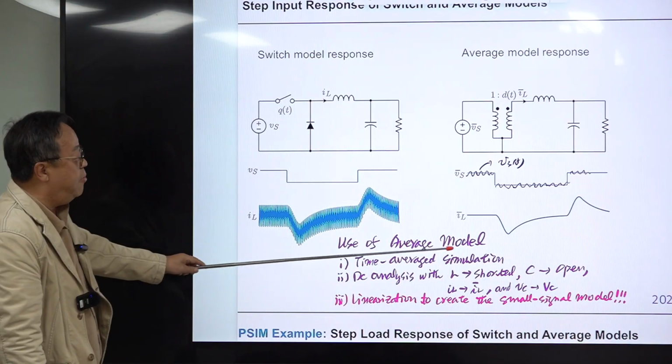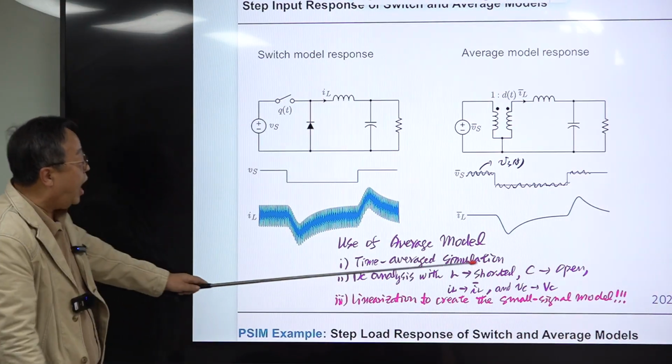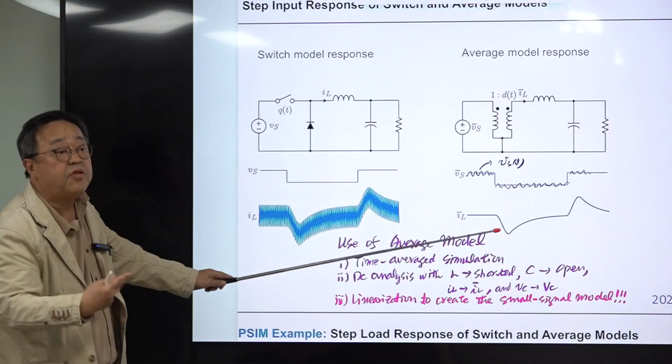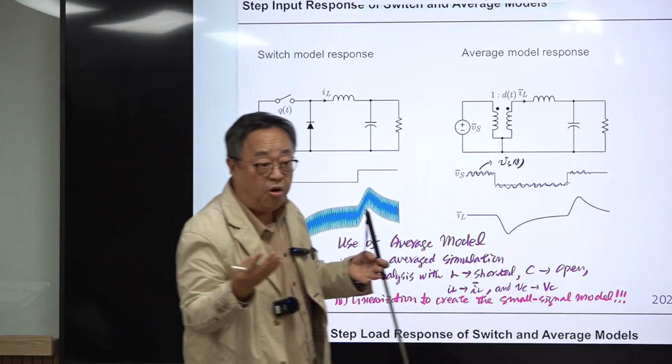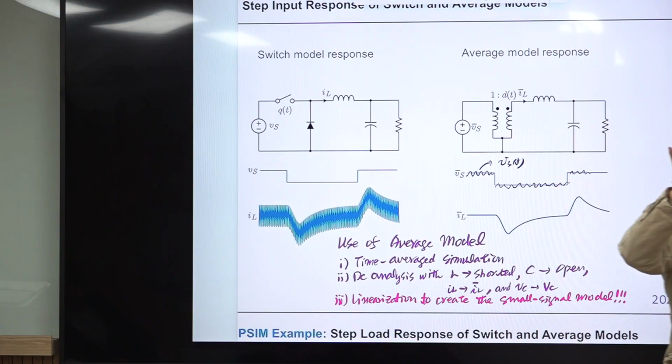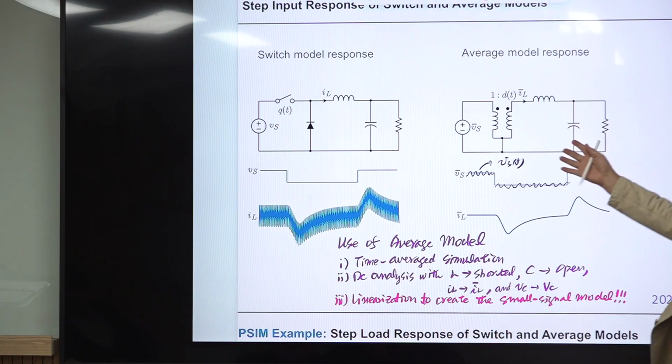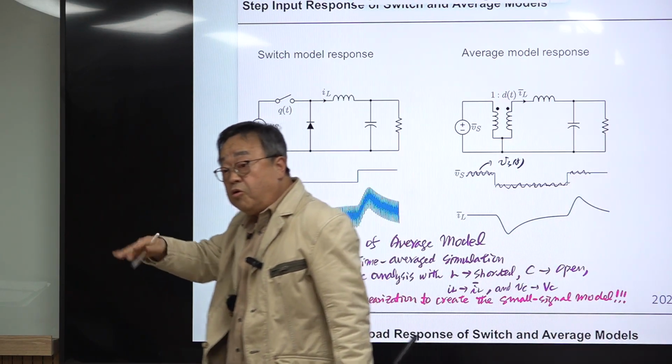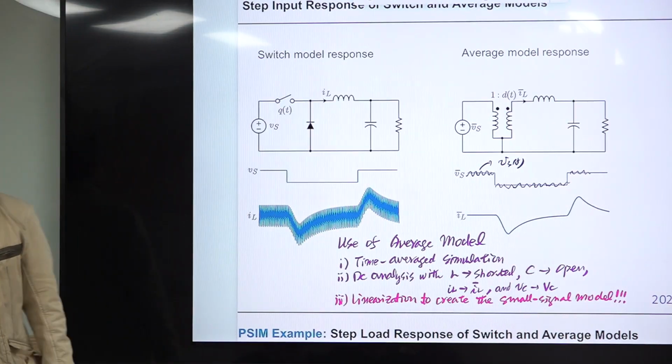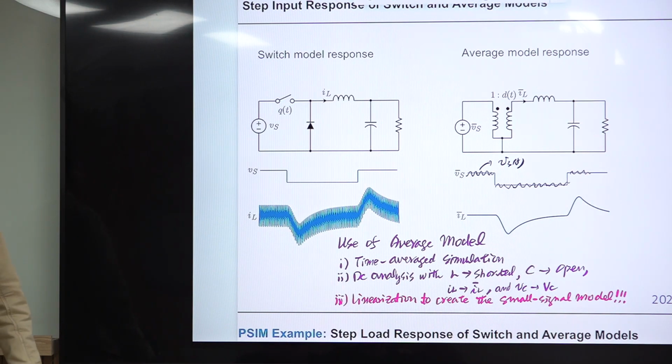In the past, the average model was used for time domain simulation to get the average dynamic response of many converters connected together, because in the past, simulating this switching circuit was not an easy job. For example, PSpice could not simulate even a simple closed loop buck converter switching on the principle of PWM. They usually thought it was not possible to simulate that.